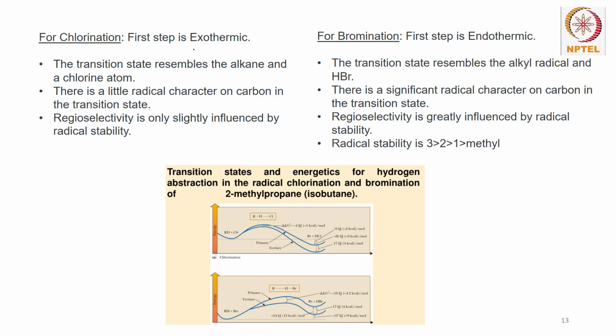So this is the exothermic reaction where the reactant energy is higher than that of the product. And in case of bromination, the first step is endothermic, so the reactant energy is lesser than that of the product.